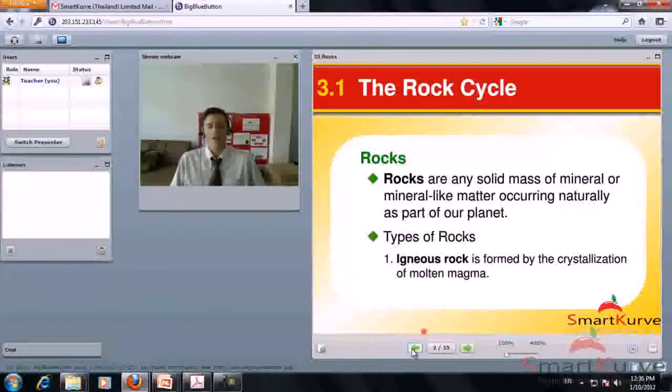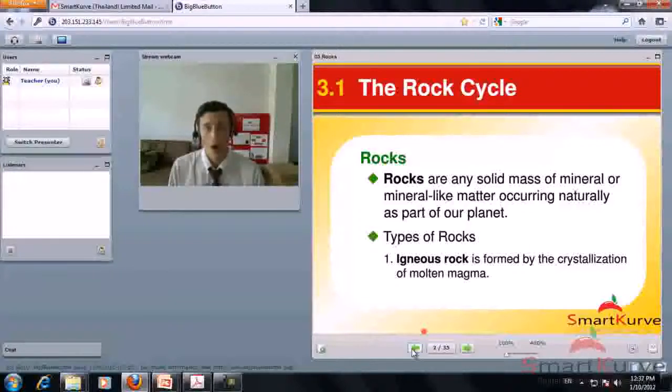Igneous rock is formed by the crystallization of molten magma. Let's look at a few words in that sentence. Go over the definitions. Magma is liquid rock inside the earth. We know that deep inside the earth, temperatures are much higher. It's very, very hot.